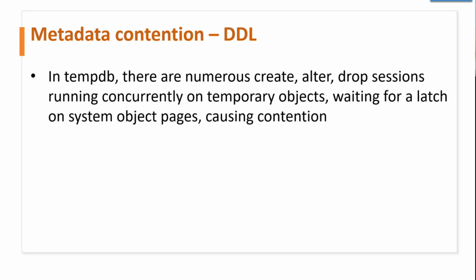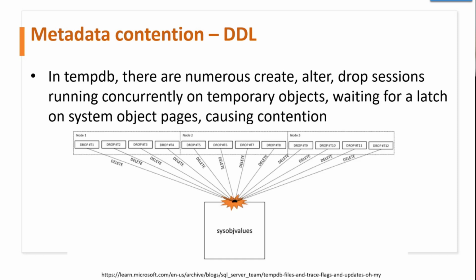But in TempDB, we are constantly creating, dropping, and altering temporary objects. So all those operations need to acquire a latch on the system object pages, and that causes contention. If you take a look at this image, for example, you see how all the delete operations are just hitting those system object pages, and that causes contention.